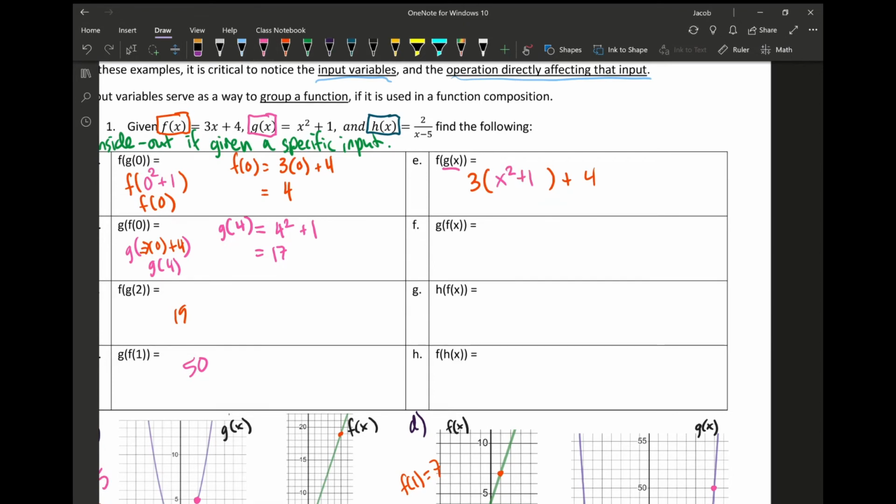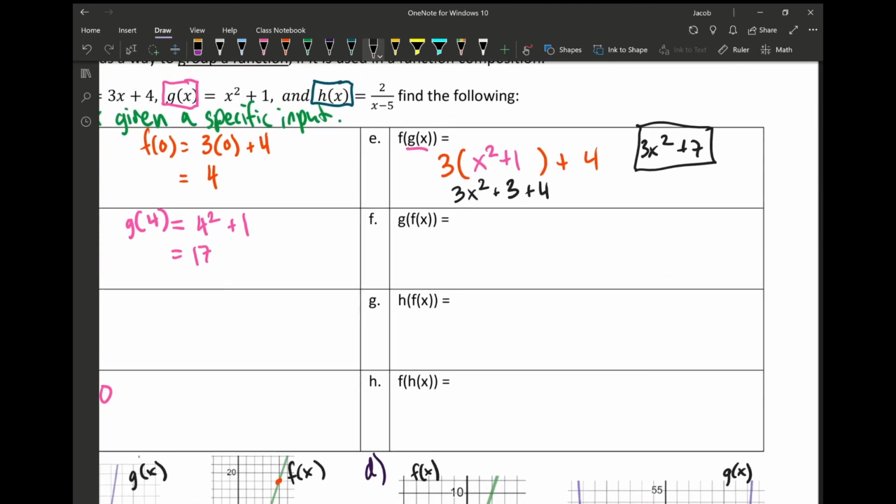And then we're not going to leave it like this. To finish this off, we're just going to distribute and combine like terms after distributing. So then we're left with 3x squared plus 7. And that's our final answer. That is f of g of x.